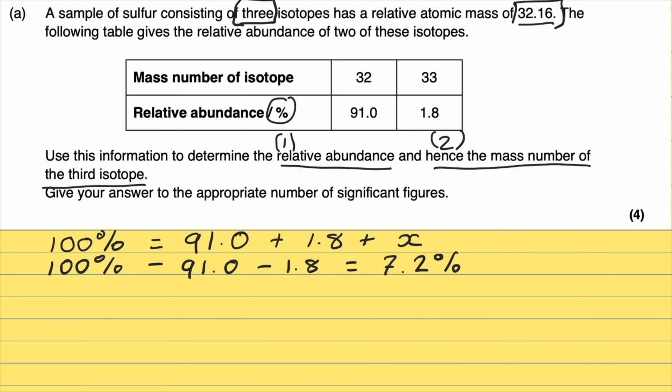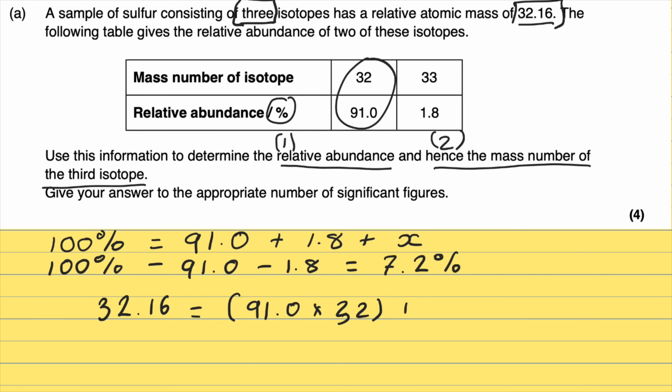The second bit is to calculate the mass number of the isotope. So we know our equation is the sum of the relative abundance times the mass number, divided by the sum of the relative abundance. This time we know that the relative atomic mass is 32.16. So that's going to equal the sum of the relative abundance, which in this first example is 91.0, times the mass to charge, which is 32 for this one.